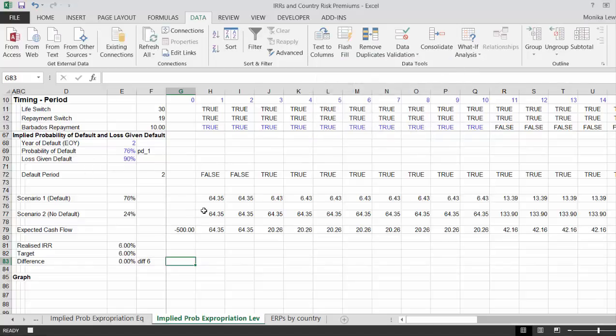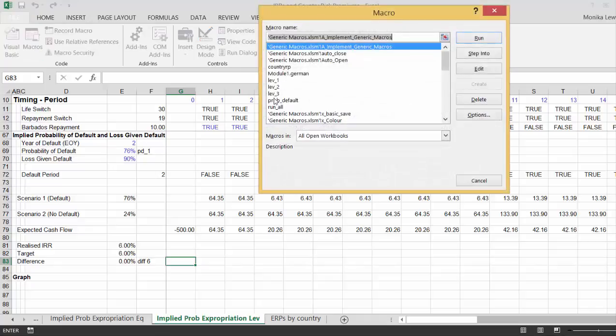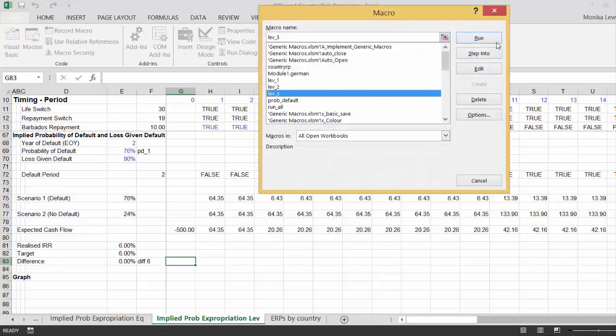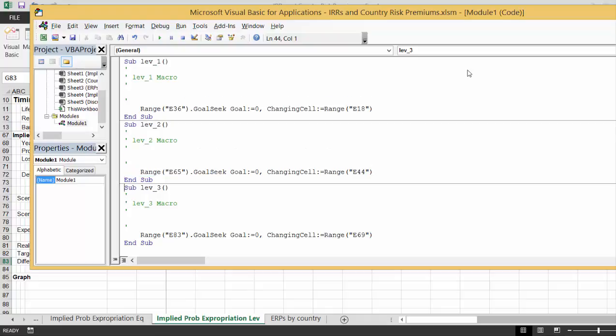We get all that fancier stuff. And then let's go and modify the macro. Make it 6 and PD1. Okay.